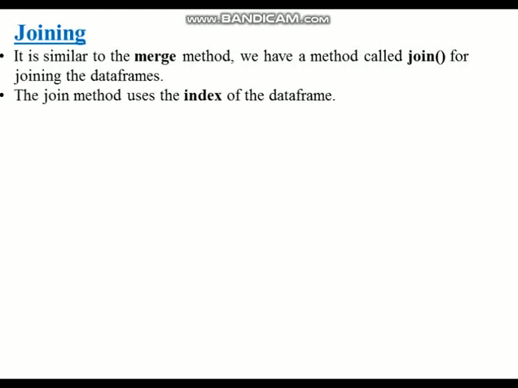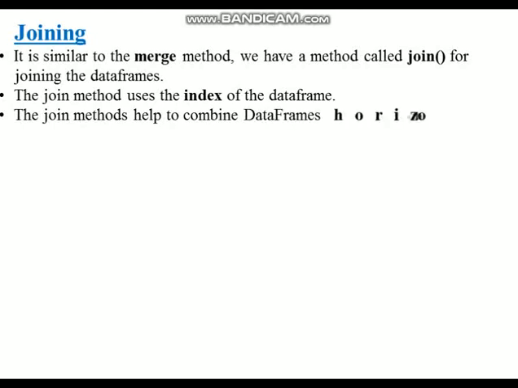So in merging, common columns are used for joining, but in joining, the index is the basis for joining. The join method helps to combine data frames horizontally. In merge, we also join data frames horizontally, and in joining, once again, we join data frame values horizontally.